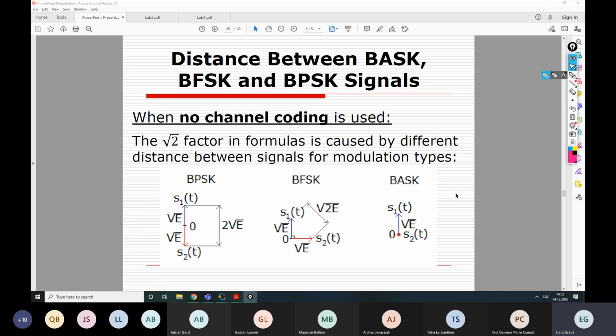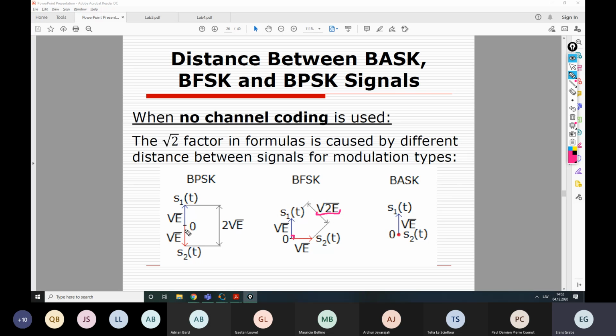So once again, we can also show the very same distance also graphically. So for amplitude shift keying signal, we have 0 signal and we have S1 signal with some difference in them, square root of E. For frequency shift keying, we have orthogonal signals which can be drawn as two perpendicular vectors, and the distance will be calculated according to the Pythagorean theorem, right?